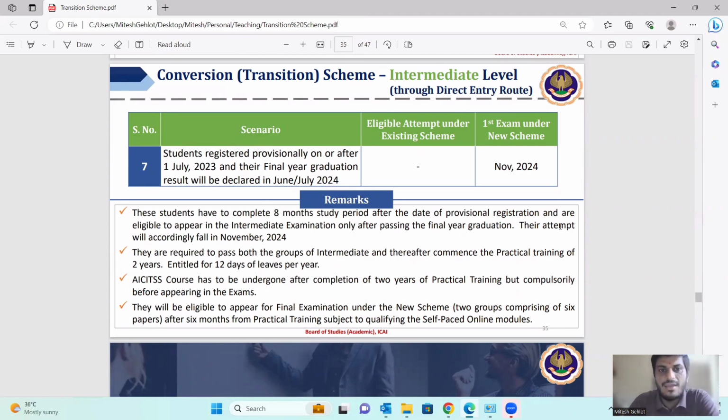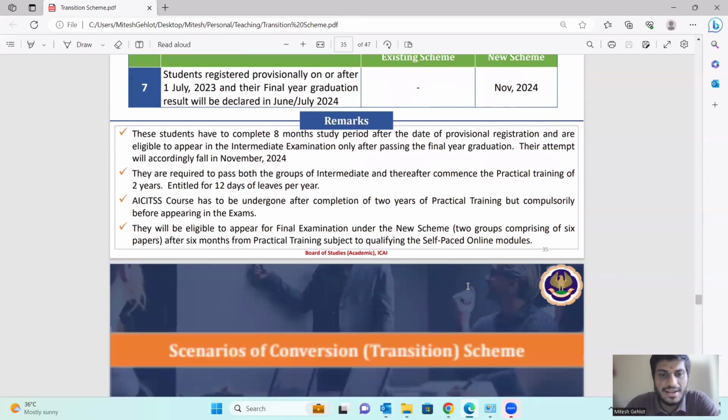So their attempt will fall in November 2024. The same thing, you have to pass both the groups of intermediate before starting your practical training. You have to go through the mandatory trainings which are provided by the institute, and you will be able to appear for the final examination under the new scheme, which has 6 papers, after 6 months of the practical training, only if you qualify your self-paced online modules.